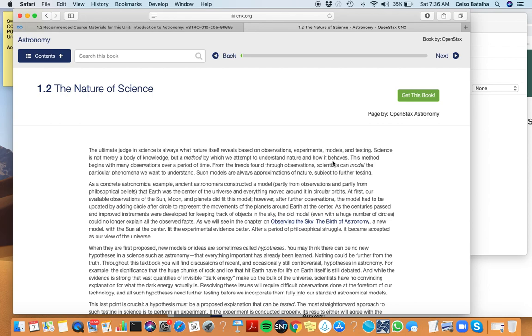So eventually, we build up models and theories to explain how things happen. And I'll give a good example: theory of gravity. So the theory of gravity was brought up by Isaac Newton in 1700 to explain how things work.